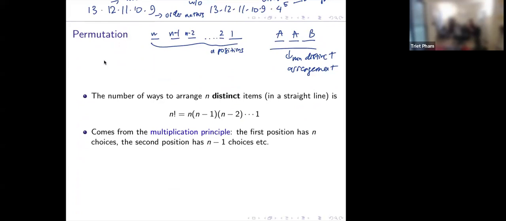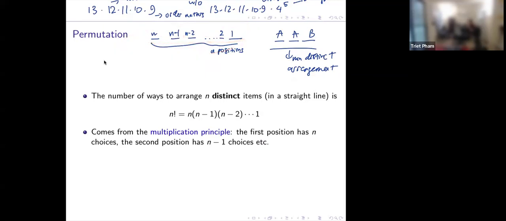But permutation is an application of the multiplication principle. The number of ways for us to arrange n distinct items in a line is n factorial. And it comes from the multiplication principle because the first spot has n choices, the second spot has n minus 1 choices, and the third has n minus 2, etc. And so the number of ways is the product of these numbers of choices.